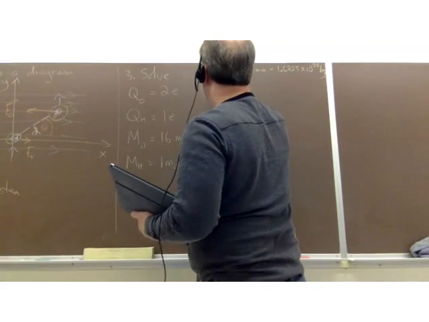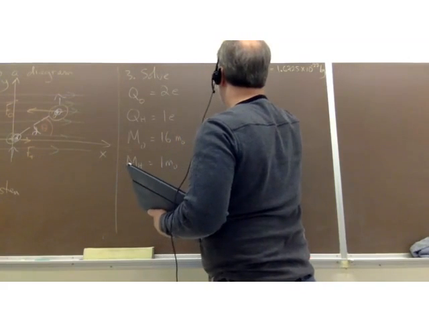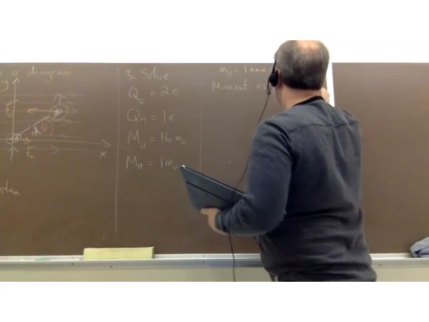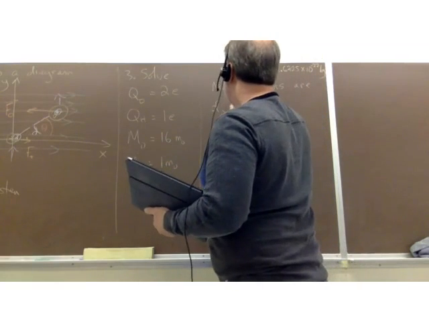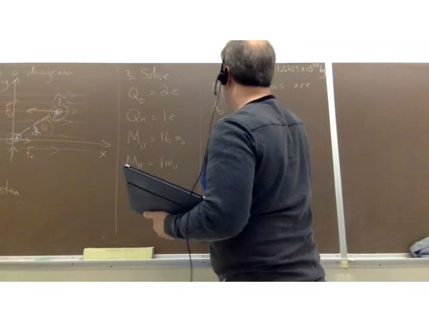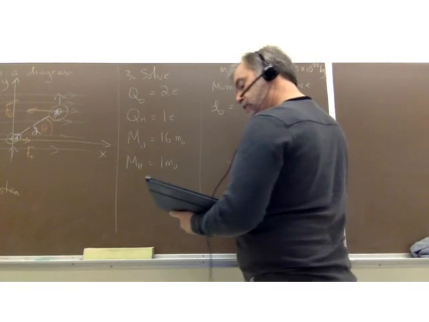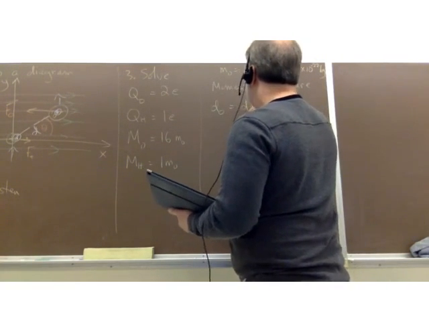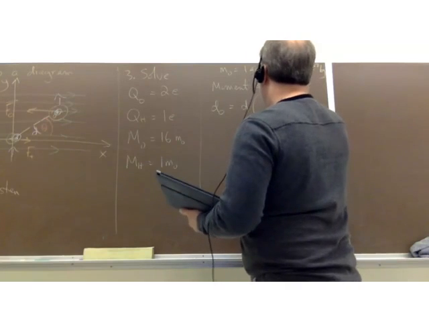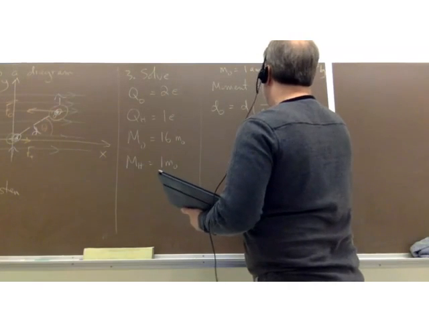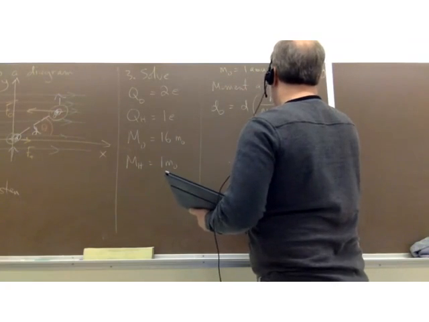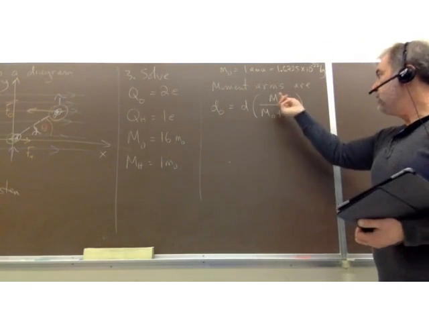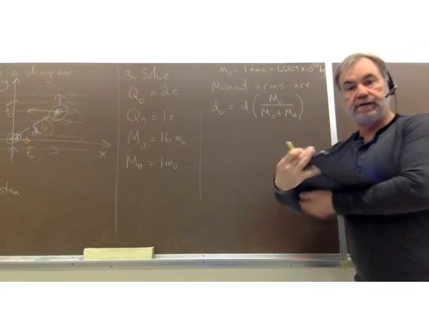So the moment arms here. Okay, so the moment arm for oxygen, that's D sub O, is going to be the distance between them multiplied by the mass of the oxygen over the total mass of the system. Okay, so this is a fraction. So this is 16 over 17, basically.